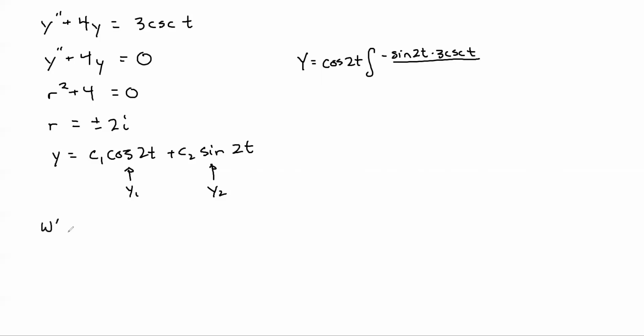All right, so the Wronskian of cos 2t and sine 2t equals, so we've got cos 2t, sine 2t, and then the derivatives, we're going to have negative 2 sine 2t. Hold on, let me rewrite it.